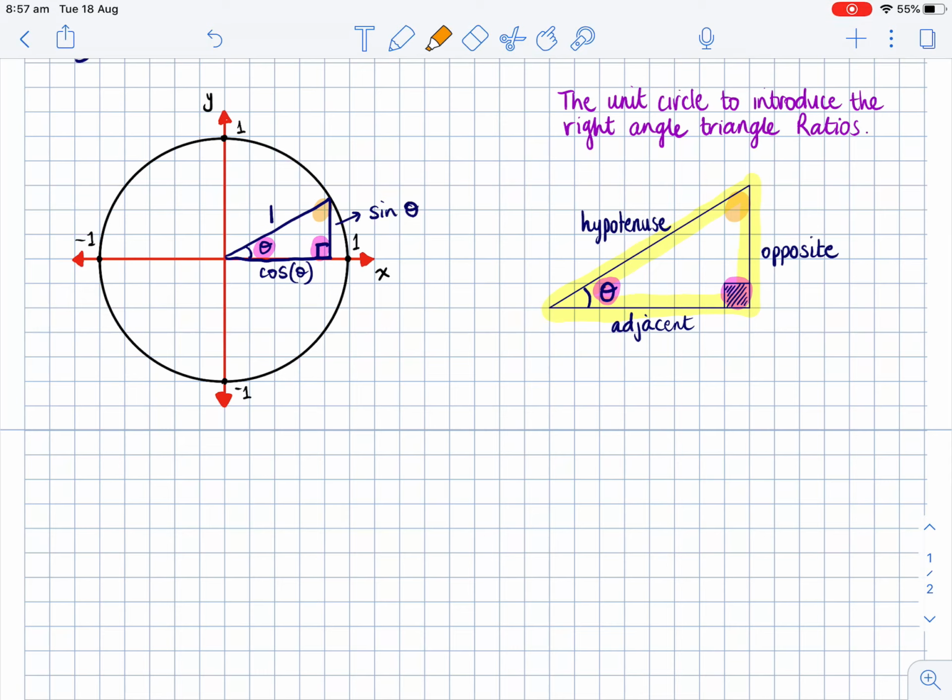One's bigger than the other, but because they're similar, the side lengths have to have the same ratio. So what that means is if I took the side length of sine and I divided it by the hypotenuse, it would have to be the same as this side length divided by the hypotenuse.